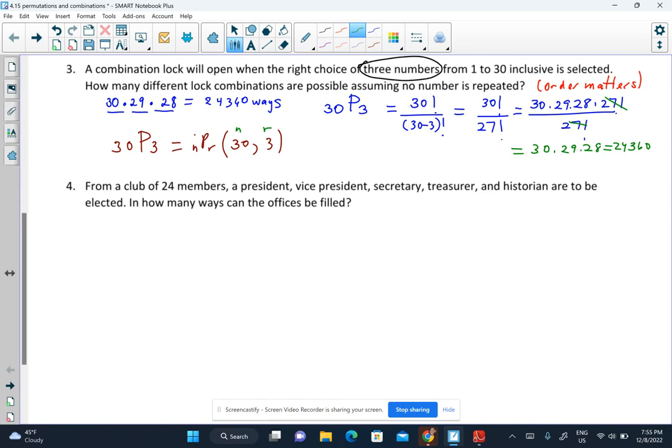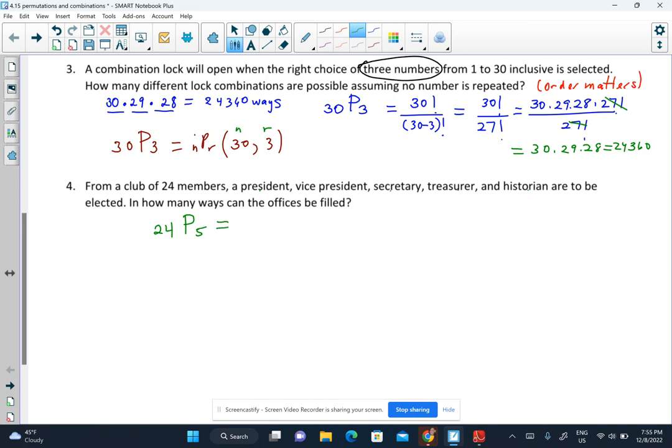So the order of how you're choosing these people matters. And so from the 24 members, we are arranging how many? 1, 2, 3, 4, 5 positions.